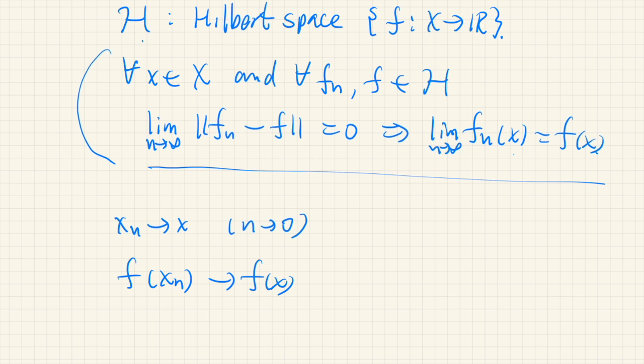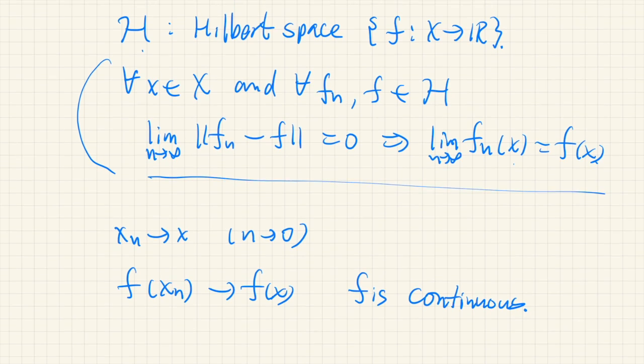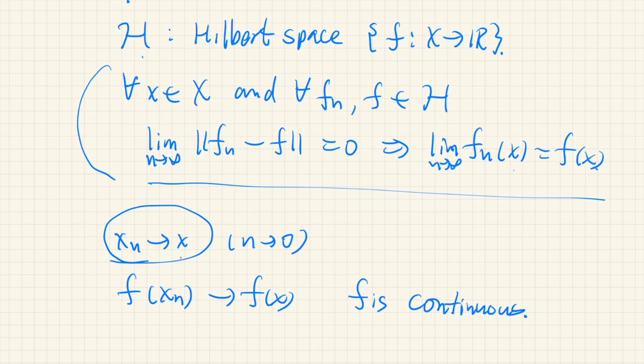Then we say f is continuous. But here it's opposite. It's not the sequence of x, but the sequence of f that is converging here. So the application of fn to x, this operation, is continuous.